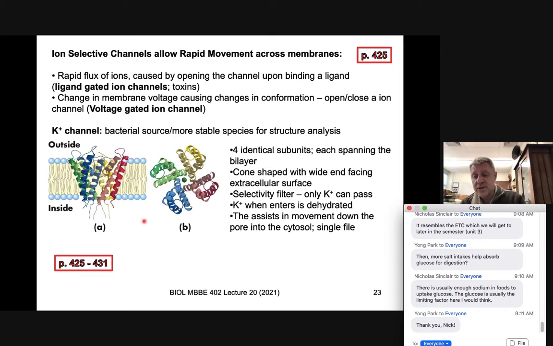And that voltage difference causes enough energy to cause a three-dimensional structural change, again, in the transmembrane protein to either open or close it. So voltage-gated ion channels are membrane proteins that change their three-dimensional structure based on the voltage, causing a conformational change. And this could either open or close the ion channel itself.